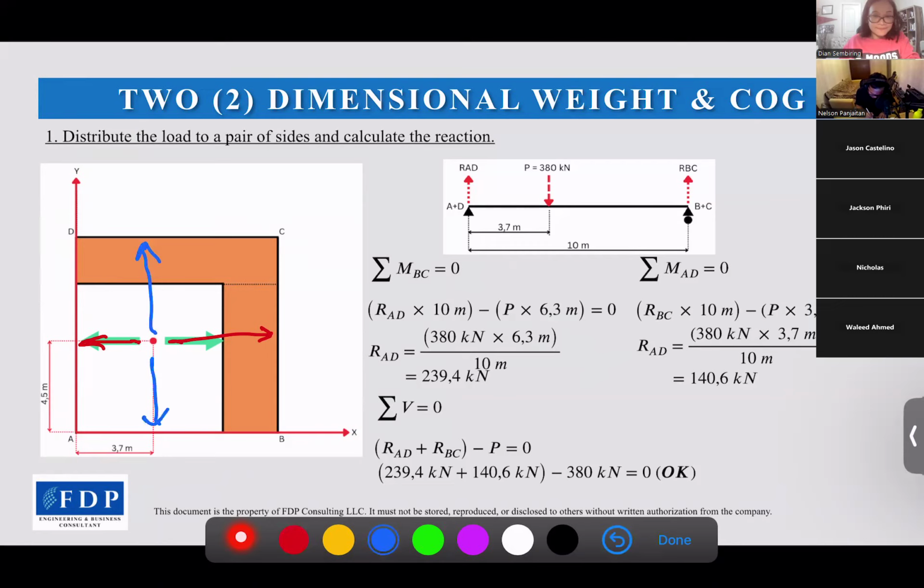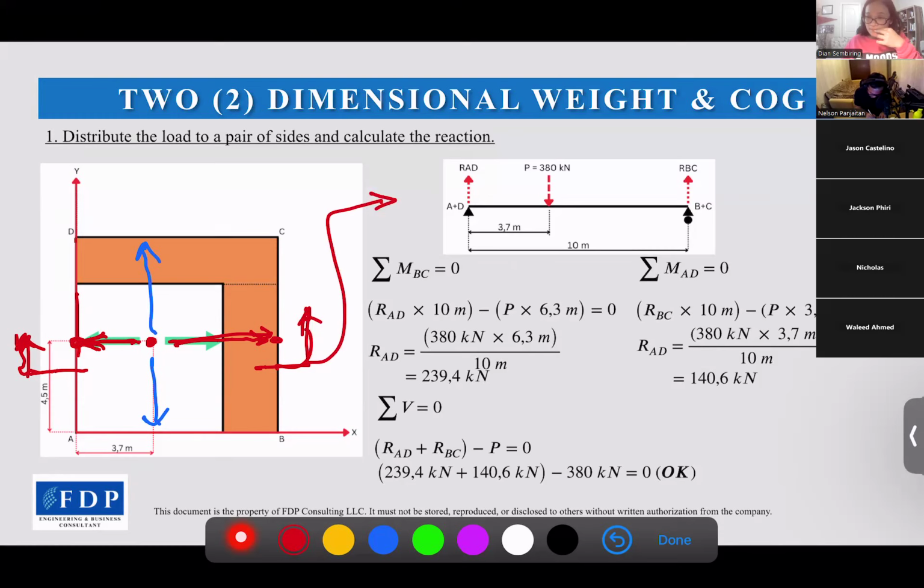For this case, I choose to use this side first, then I will look at this side. Because we distribute to this side, this load will be sitting on here and here. If I look to this side, to this direction, then it will be like this.